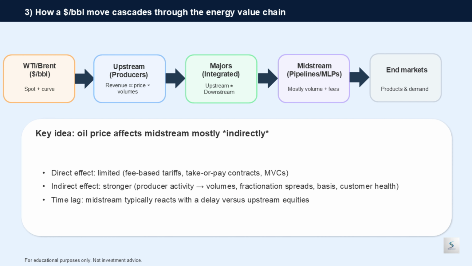Here's the core framework for the whole video. Oil price moves. Price changes produce behavior. Behaviors change physical flows. Physical flows drive midstream revenues. So the important question isn't whether oil prices are up or down. It's how the price level affects activity and volumes over time.